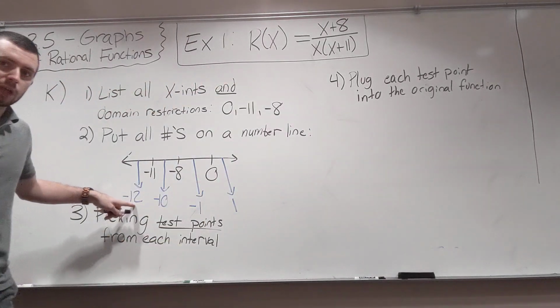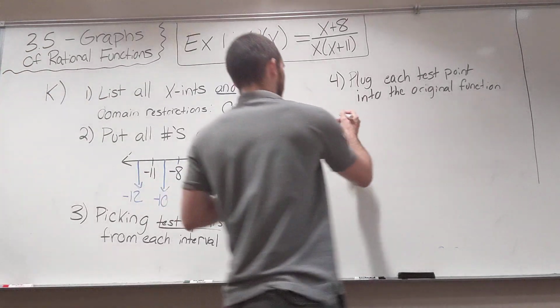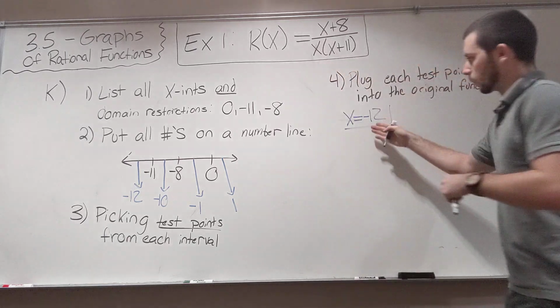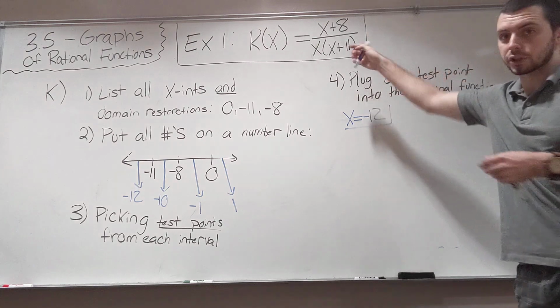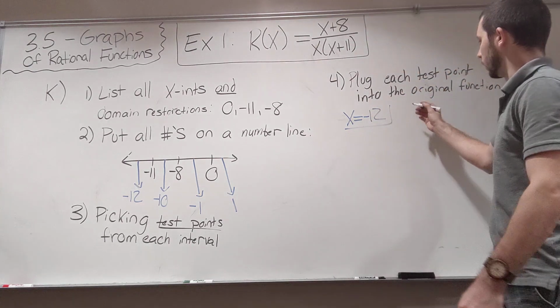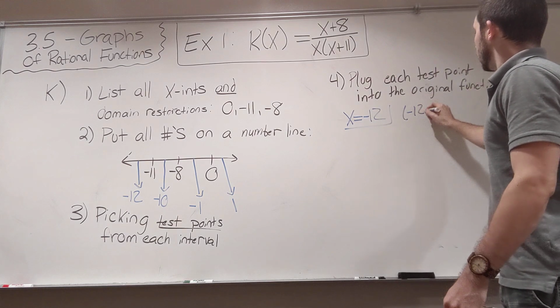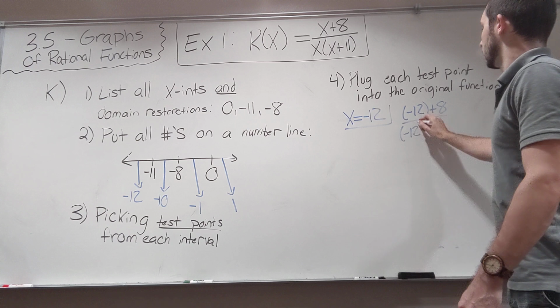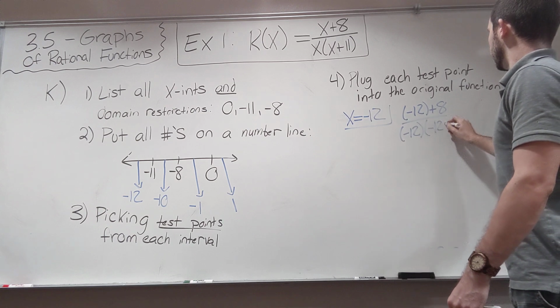So the first number that we had was negative 12. So we plug negative 12 into the function here. So notice I'm putting x is equal to negative 12, which implies, well, negative 12 plus 8 divided by negative 12 plus 11.